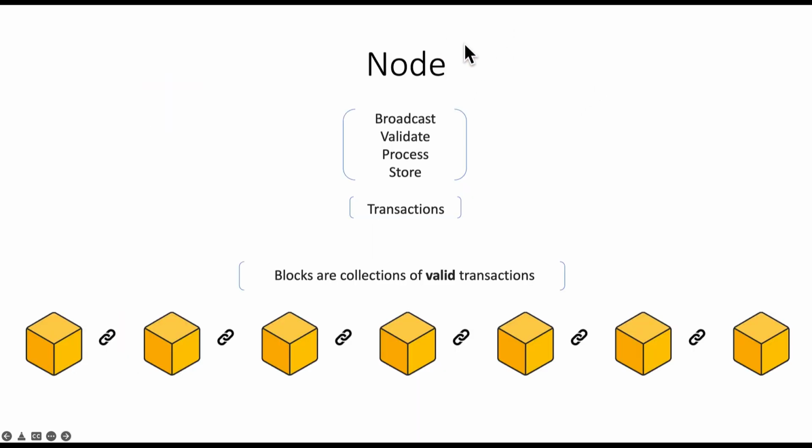So what are the roles of blockchain nodes? The main job of nodes in the blockchain network includes broadcasting, validating, processing, and storing transactions. All these transactions are saved in blocks we mentioned before. Blocks are a collection of valid transactions. Different types of nodes have different duties. So which type is doing broadcast, and which is doing validate?